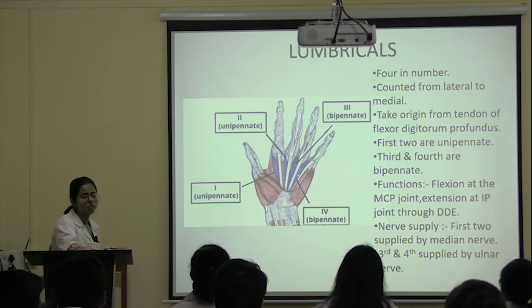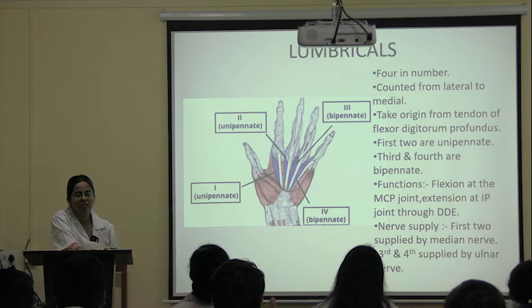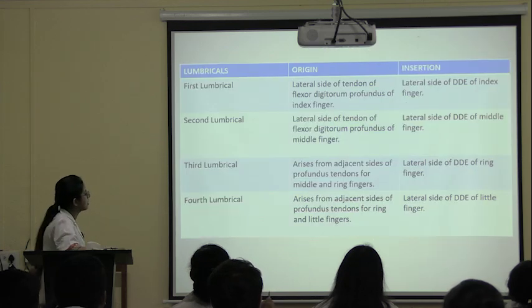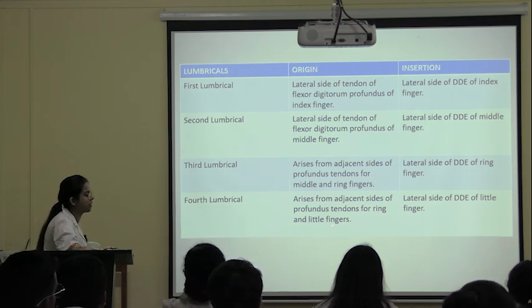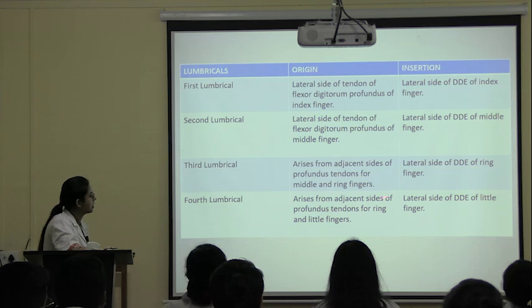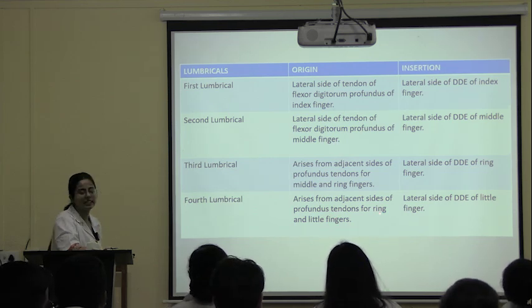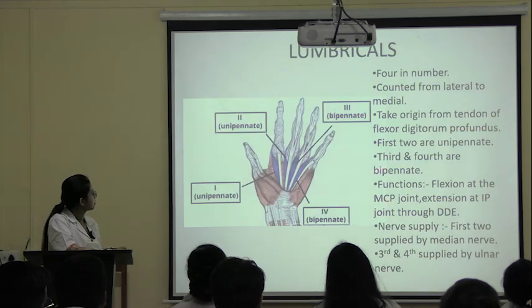So it will originate from which tendon? Profundus tendon. So it arises from adjacent sides of the profundus tendons for the ring and little finger. And insertion: lateral side of the dorsal digital expansion of the little finger. You can see from here.